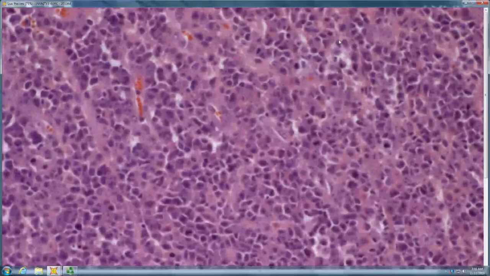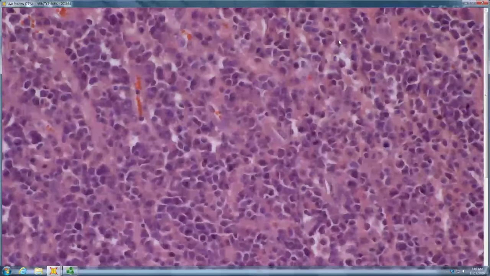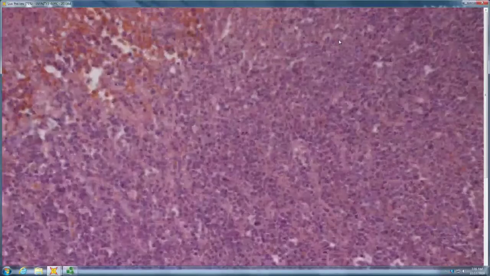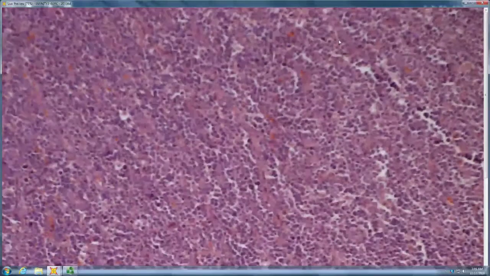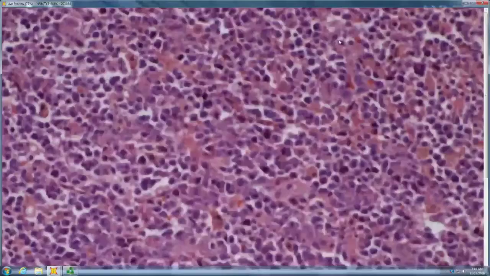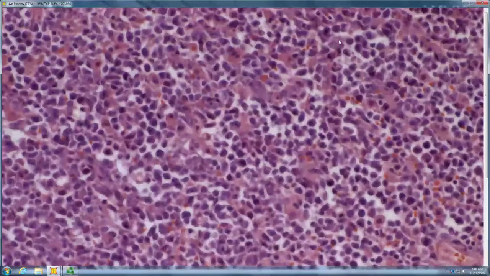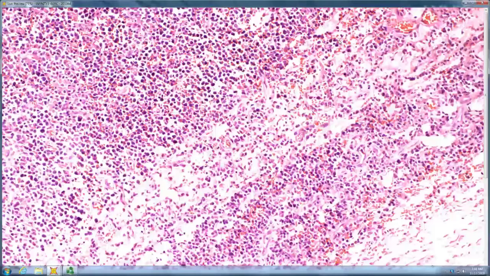And plasmacytoid goes with what line usually? B cell. Yeah, so something in a B spectrum, right? Sheets and sheets of plasmacytoid B cells with lots of mitoses and kind of monomorphous implies you're probably dealing with lymphoma.